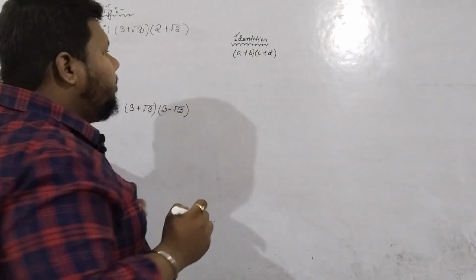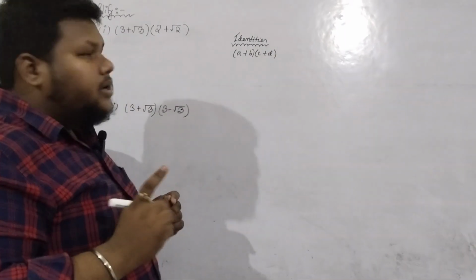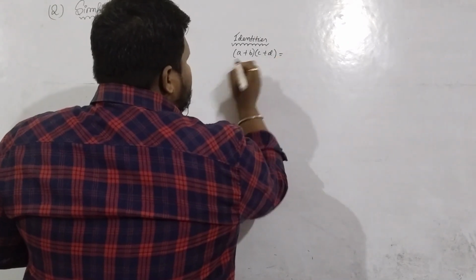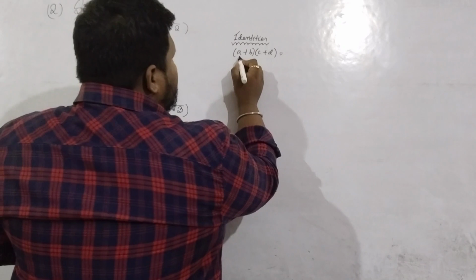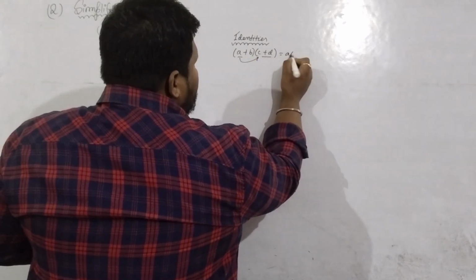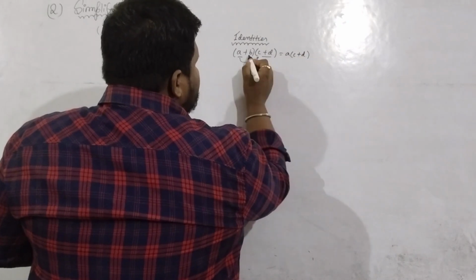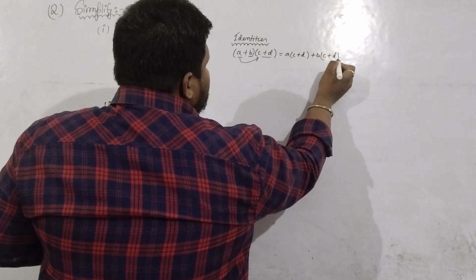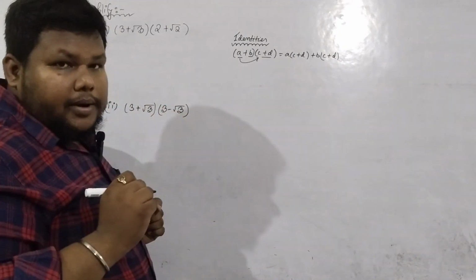I hope you remember. So a plus b into c plus d was what? This is the distributive property, right? So this first term will multiply with this whole thing, a into c plus d, plus again the second term will multiply with this whole thing, b into c plus d. So this was the distributive property.